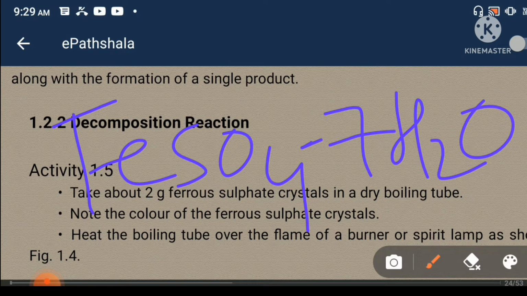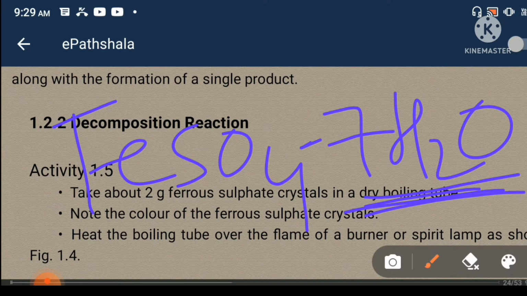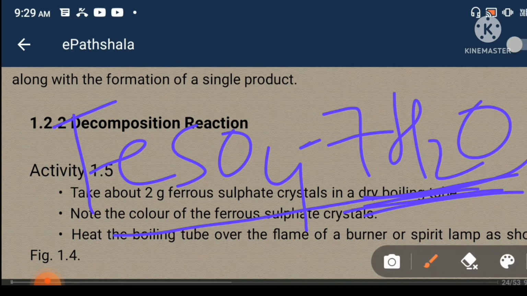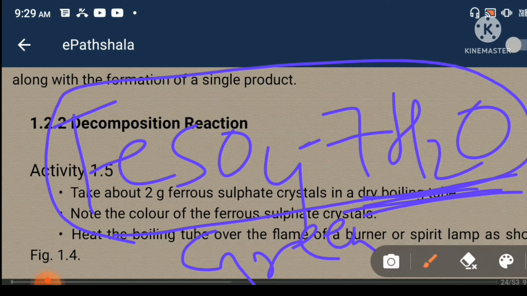So they contain 7 molecules of water of crystallization. This is light green in color. This is also very important. What is the color of ferrous sulfate or green vitriol? Its color is green.